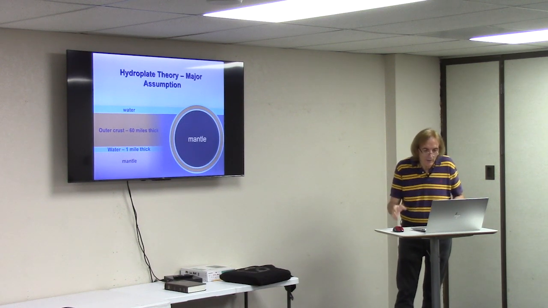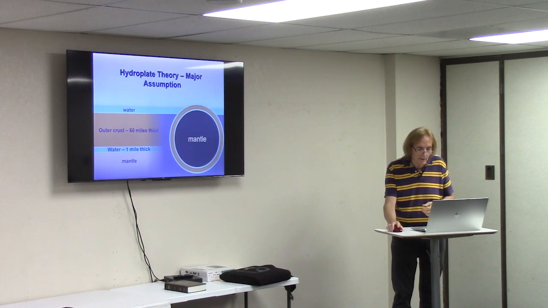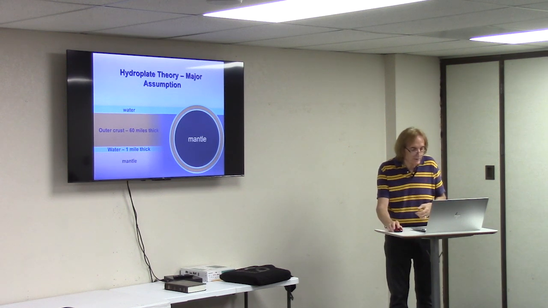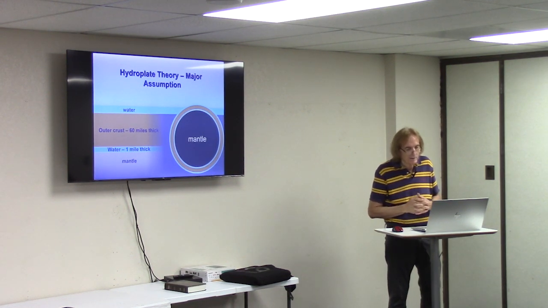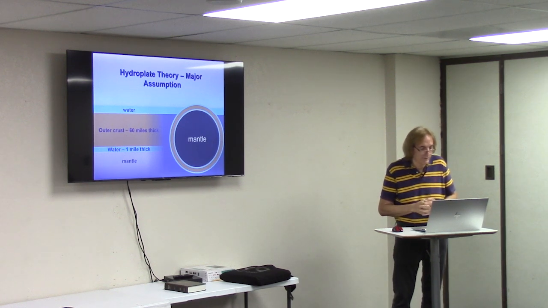And this sandwich arrangement encircled the Earth like the outer rings of an onion. This is described in Scripture as occurring on day 2 of creation in Genesis chapter 1, verses 6 and 7. And we're going to look at that in some more detail shortly.